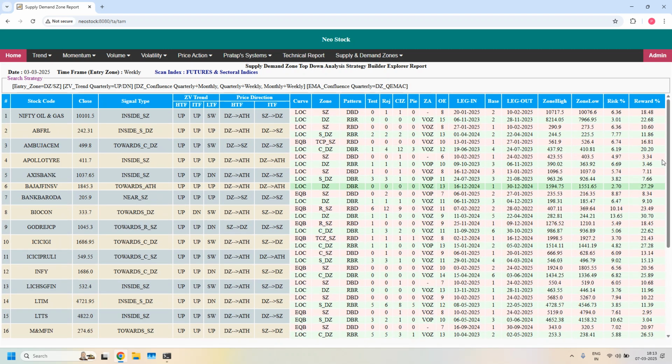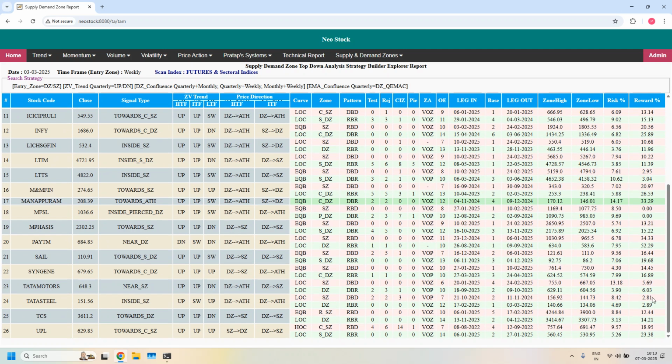See, now the list has come down to 26. Okay, first 16 stocks in the list. I'm scrolling the list down. So total 26 stocks are filtered.